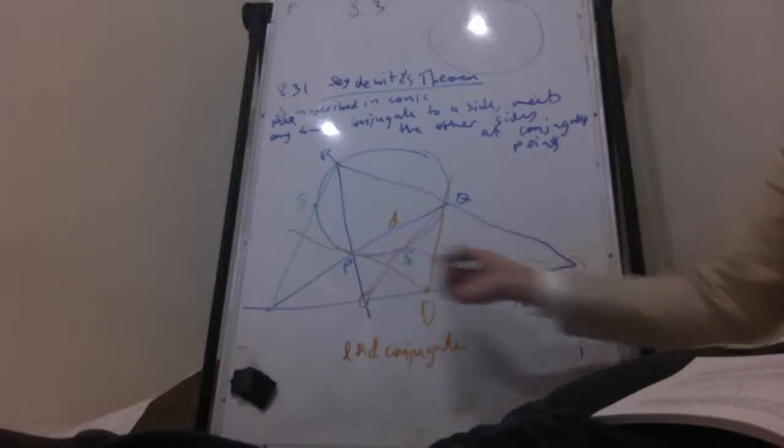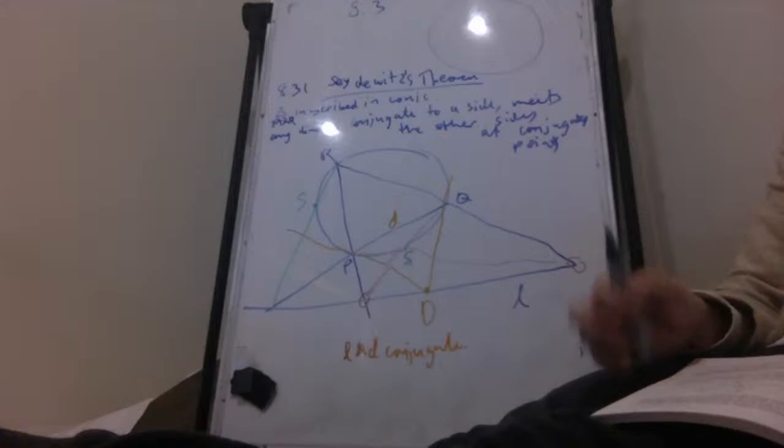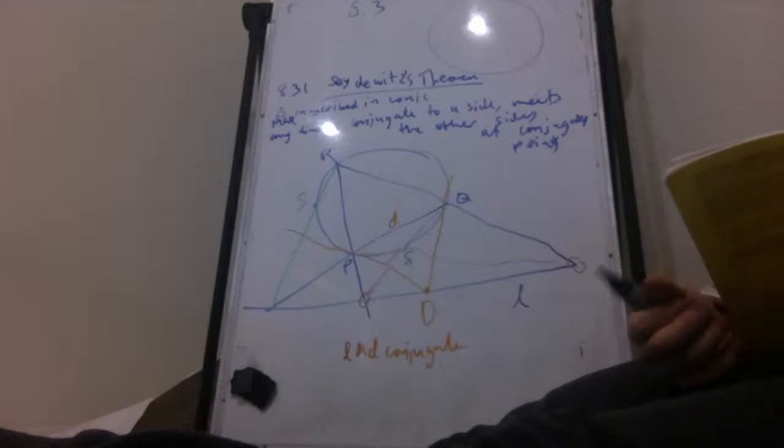So what does it mean by these lines are all concurrent? Okay, so describe a triangle.